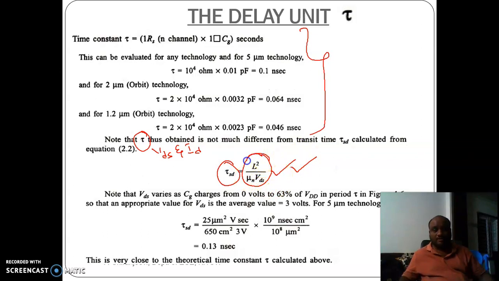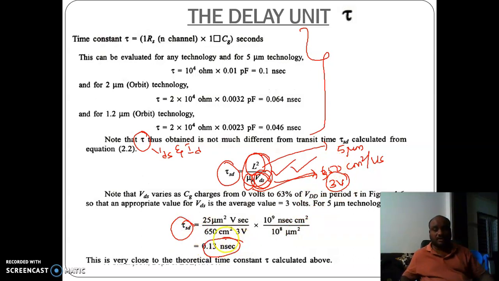When we substitute the typical values, L as 5 micrometer, mu n as 650 centimeter square per volt second, and VDS typically 3 volts for my 5 micrometer technology, the transit time evaluates to 0.13 nanosecond, which is very close to the 0.1 nanosecond we evaluated practically. So this is very close to the theoretical time constant calculated above.